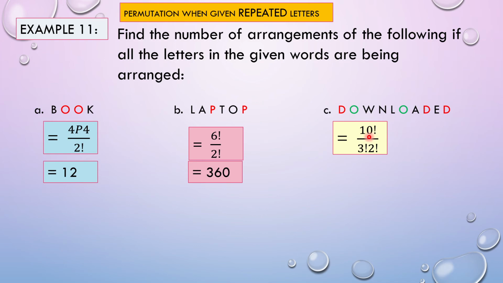Therefore, it is 10 factorial over 3 factorial. Why 3 factorial? Because we have 3 letter D, then another 2 letter O. So 10 factorial over 3 factorial times 2 factorial. Simplify this and you will get the answer.